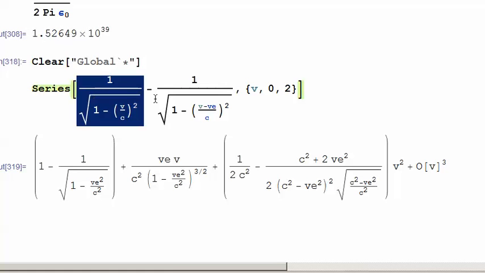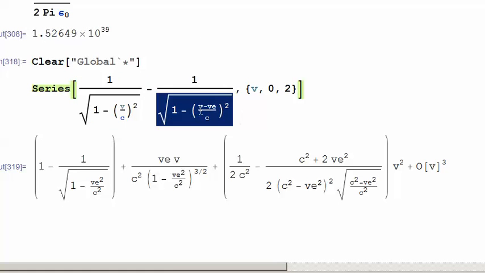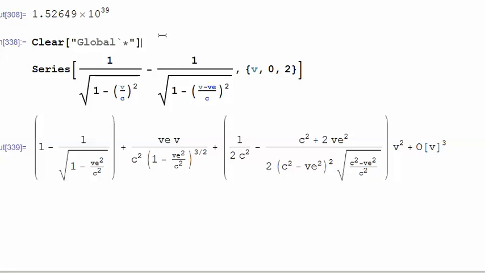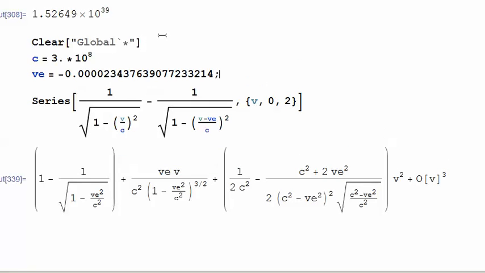Now I went ahead and plugged in this entire expression and found the first and second term of the series. This looks as though it may be more complicated than I was hoping. That looks quite ugly, but what if I put in specific values for the speed of light and the carrier velocity?